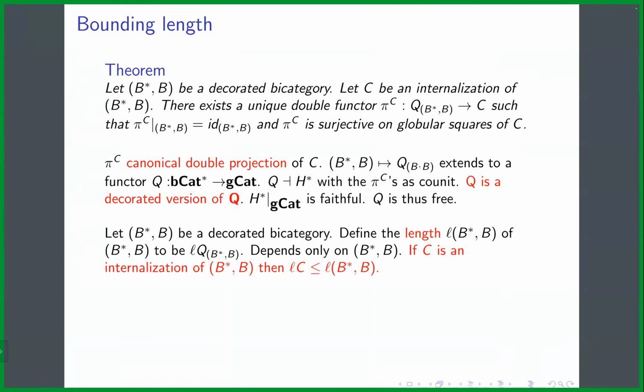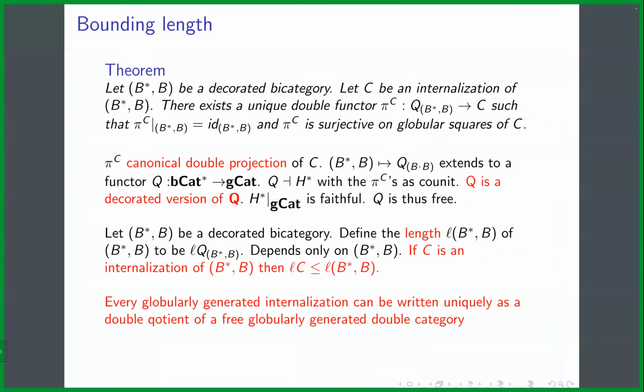Now, if C is an internalization of (B*, B), then the length of C is less than or equal to the length of (B*, B). And that's just the existence of the canonical double projection and the fact that length behaves well with respect to surjective double functors.